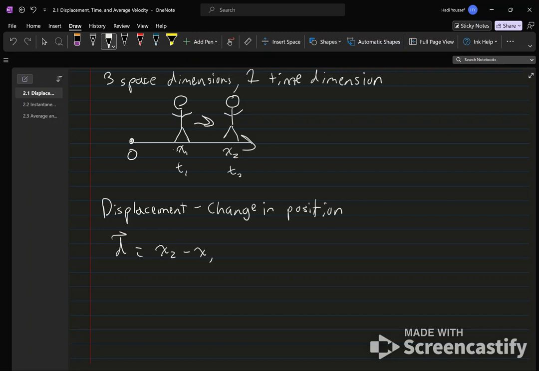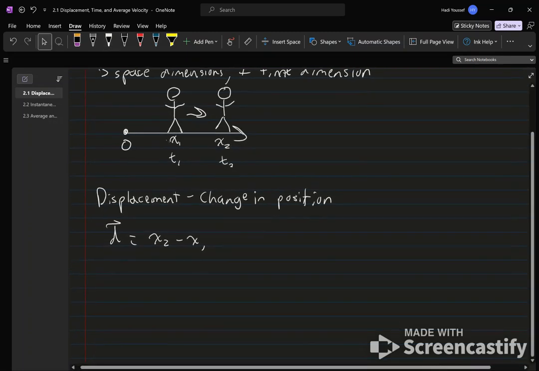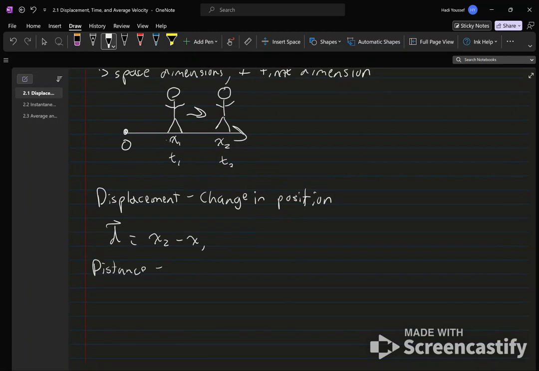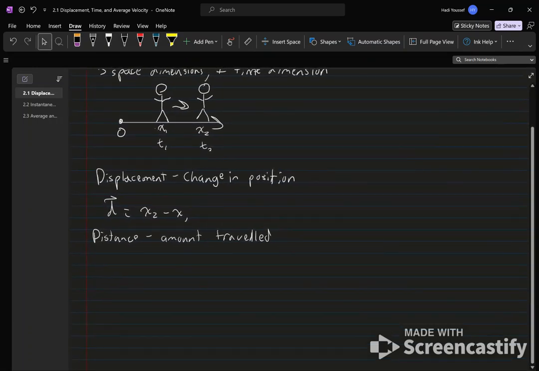This is not to be confused with distance. Distance is the amount traveled, and this is a scalar and can never be negative.